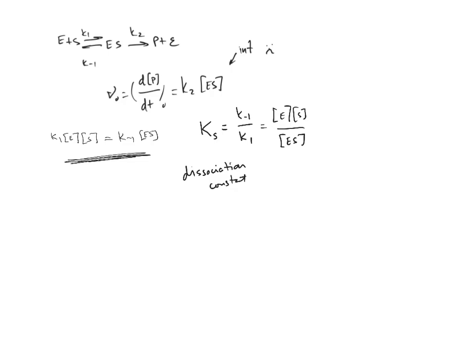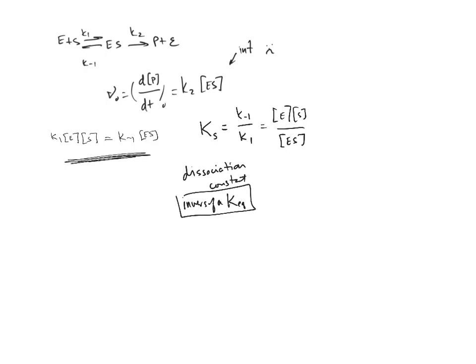Notice how it's the inverse of an equilibrium constant that you may have learned in general chem, which has the products over reactants. This one really has the reactants over the products.